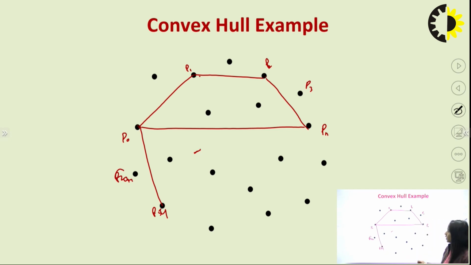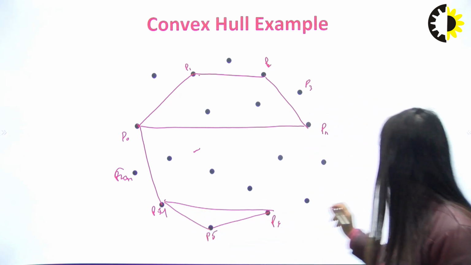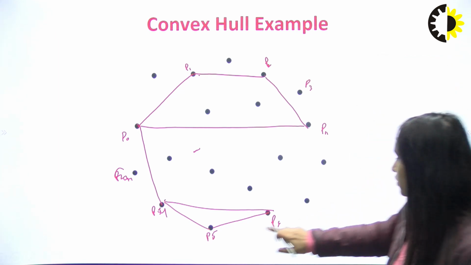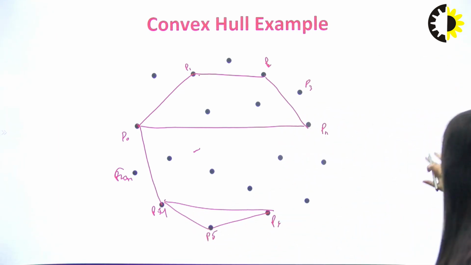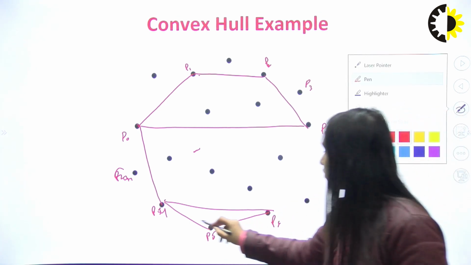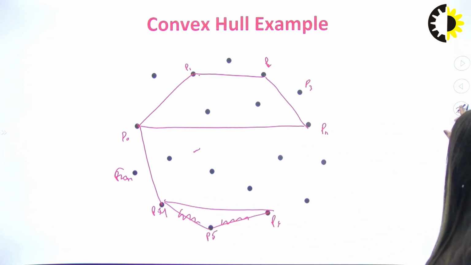If you connect these points P4, P5 and P6, a triangle is occurring here. So you just need to delete these points and make a line over here.